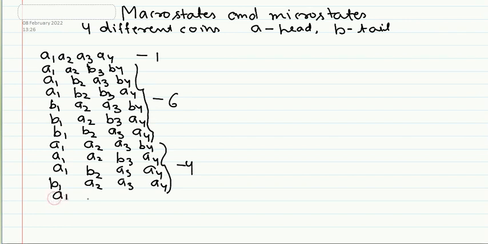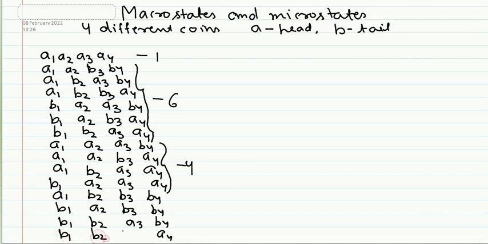So A1, A2, A3 and A4, and then fill this. So it will be B2, B3, B4, and here it will be B1 and then B3 and B4, and again it will be B1, B2 and B4, and it is B1, B2, B3, and these are again 4. And then the last is all tails.